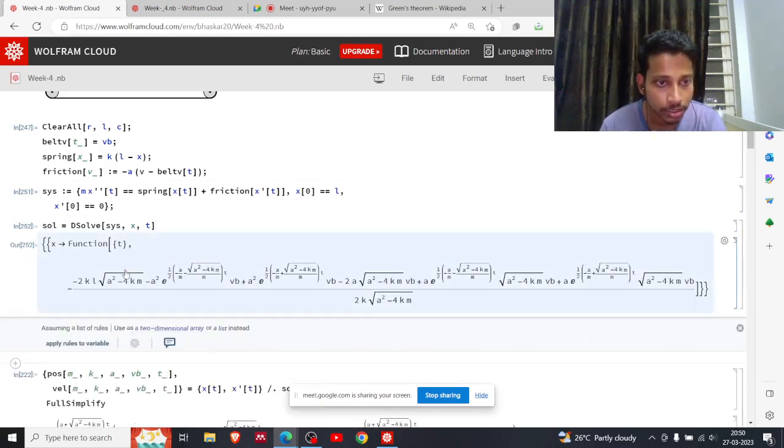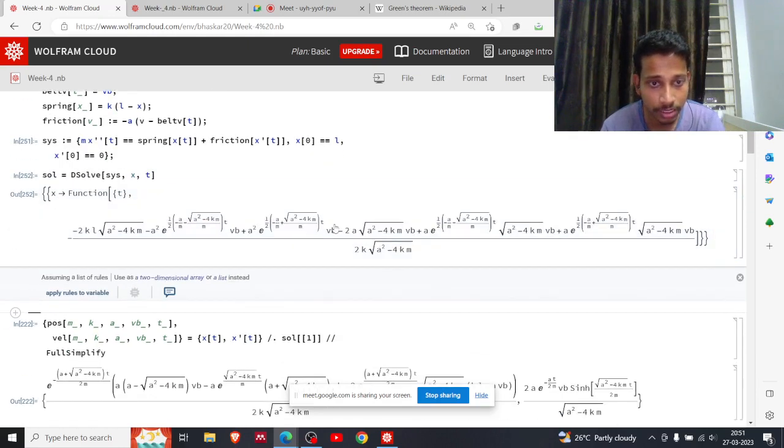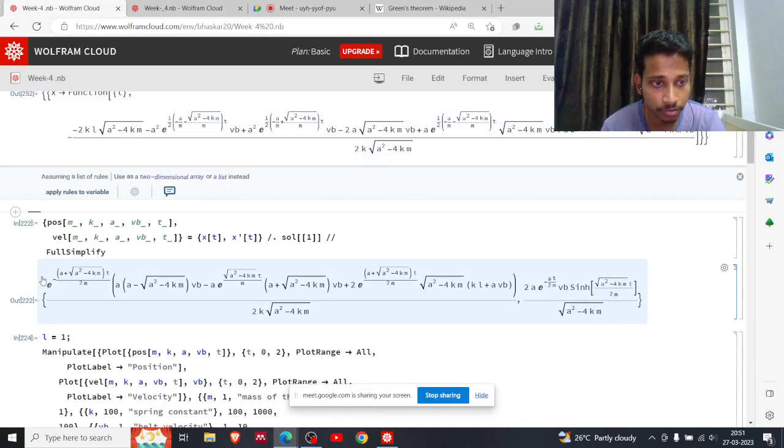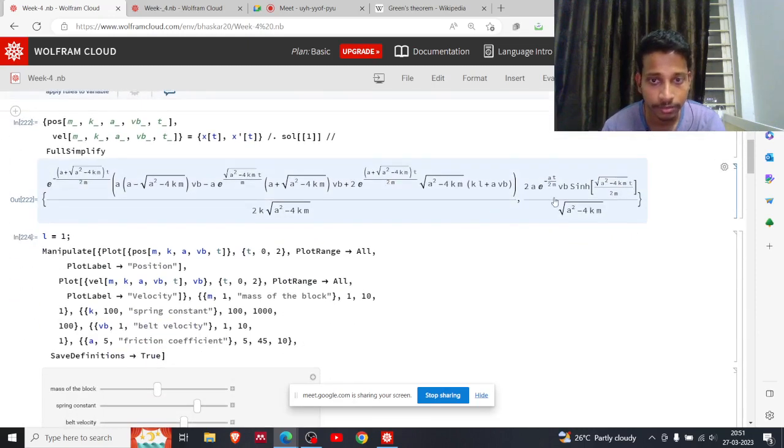So here you can see this is the actual solution of the function xt. Now after using FullSimplify, we get xt as this and x dash t, which is velocity, as this. These two are assigned to this pos function and vel function.